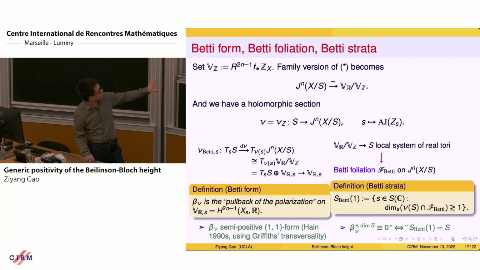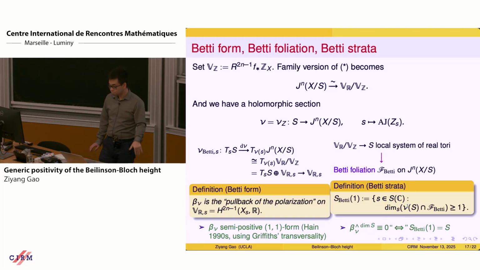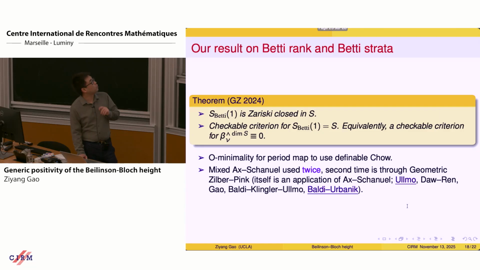Because this Betti form is the pullback along this foliation, you see immediately that this top wedge power is not identically zero. It is identically zero if and only if this locus is the whole thing. So what we proved is that this Betti stratum is Zariski closed, and we give a checkable criterion for it to be the whole thing.